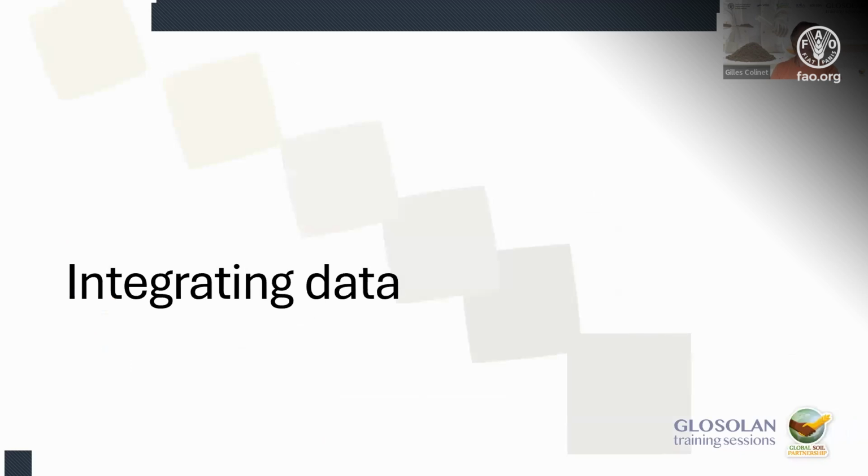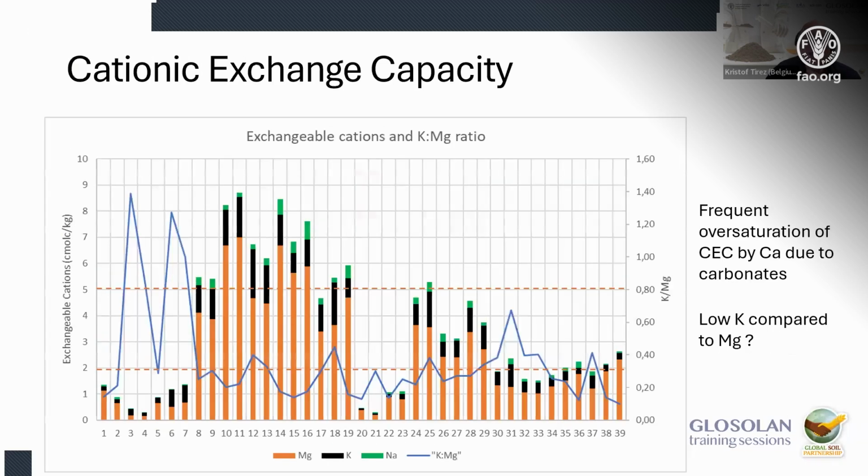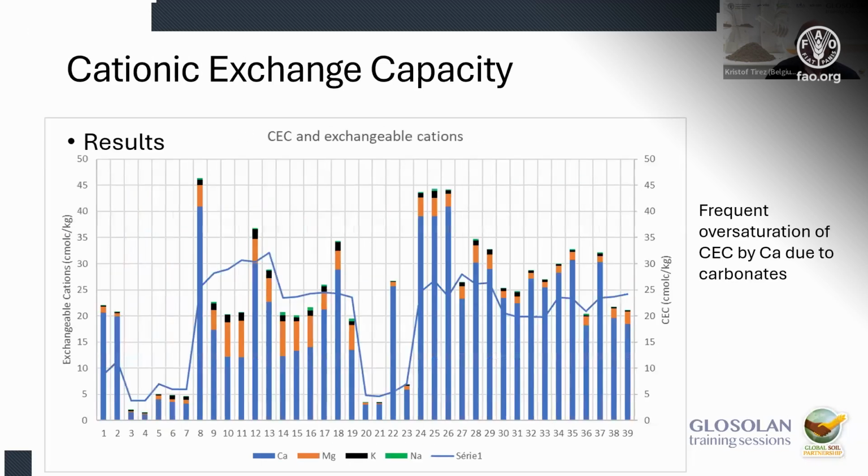I don't know if there are questions about that. Yeah, thank you, Gilles. I think one of the questions was, if I understood right, if you go to the previous graph, yeah, this one. So the fact that the stacked bars with the calcium are higher than the line of the CEC means it's oversaturation. So basically, you mentioned that it is due to a carbonated environment.